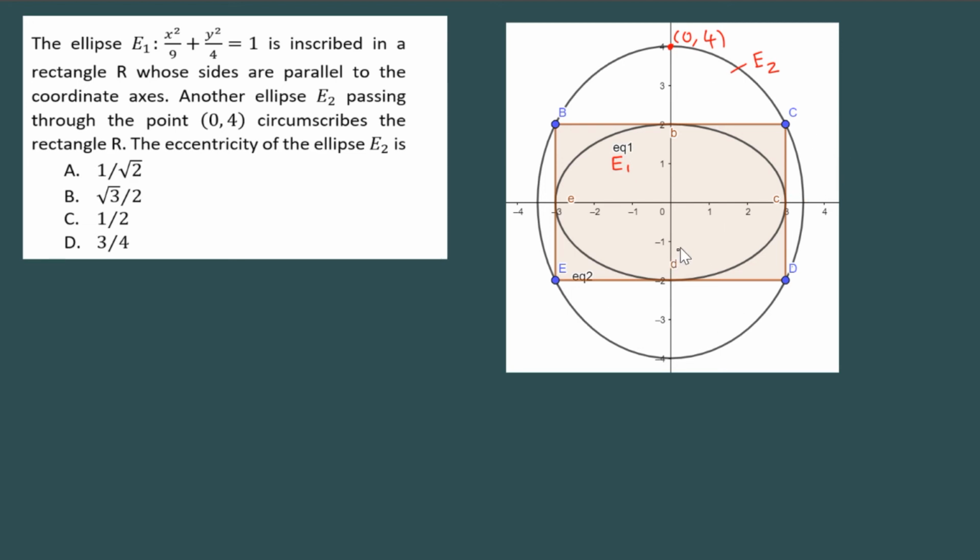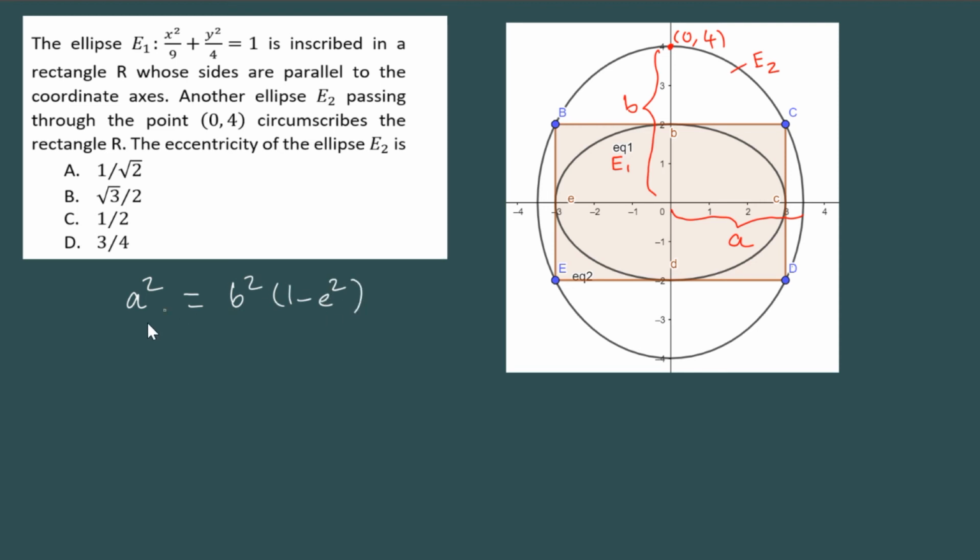Because this is smaller than the length in the vertical direction, A becomes our semi-minor axis, and B becomes the semi-major axis. Once we get A and B, A square should be B square into 1 minus e square.